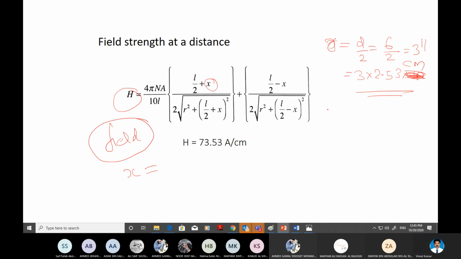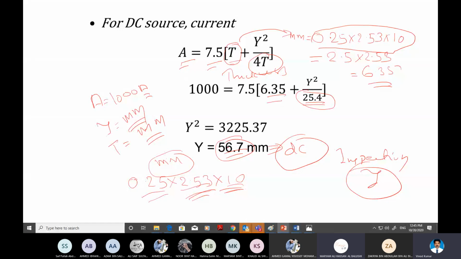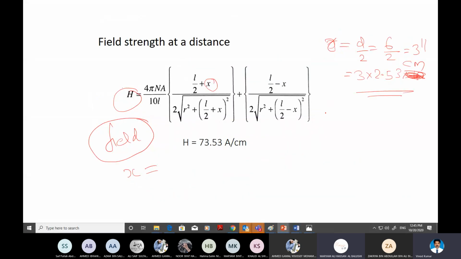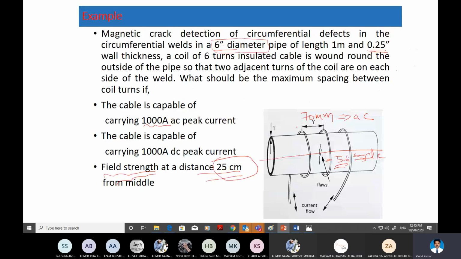X is 25 centimeters, so we substitute x equal to 25 centimeter. L by 2 is the middle. From the middle, how much will it be?